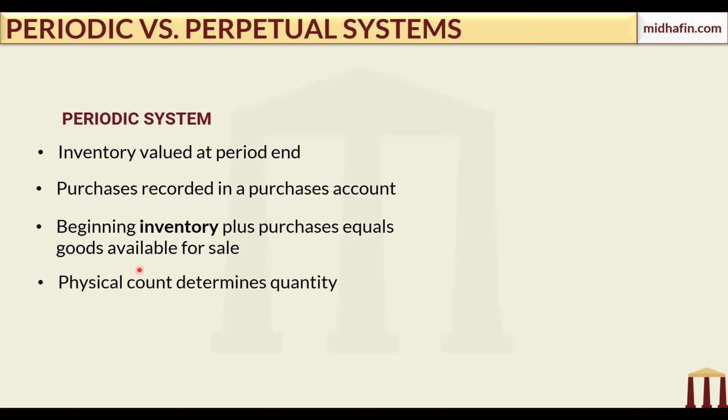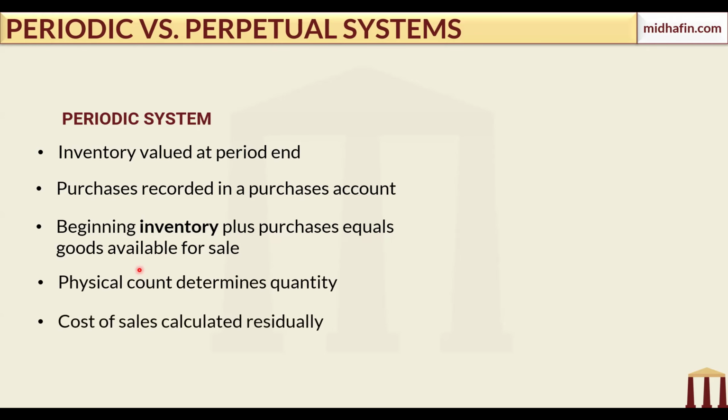So to find how many units are remaining, obviously the best method is physical count. The count will establish the ending inventory quantity, and then whatever valuation method you use can be applied to assign the cost to those ending units.